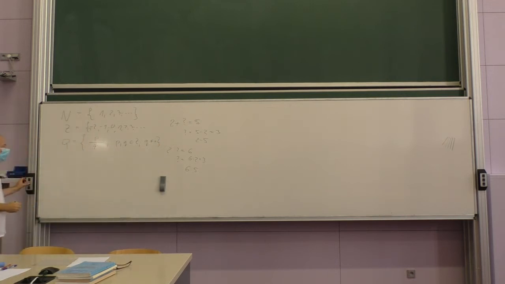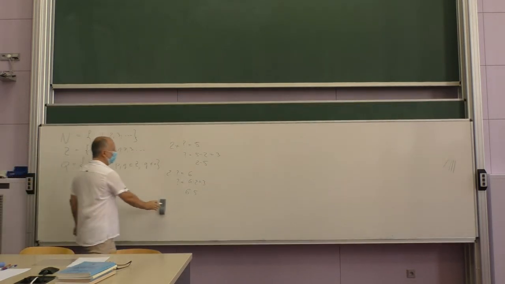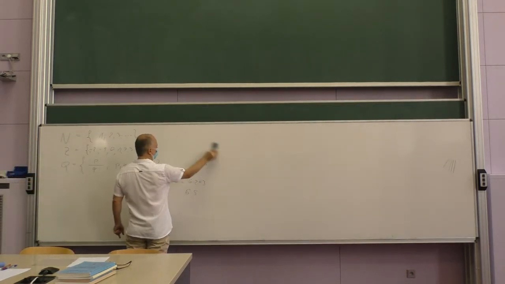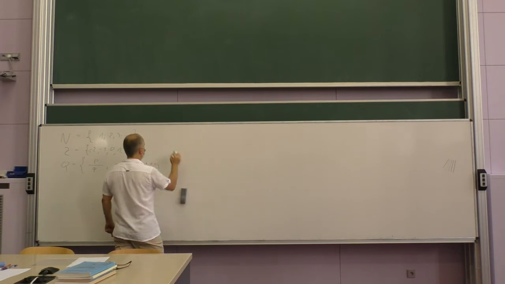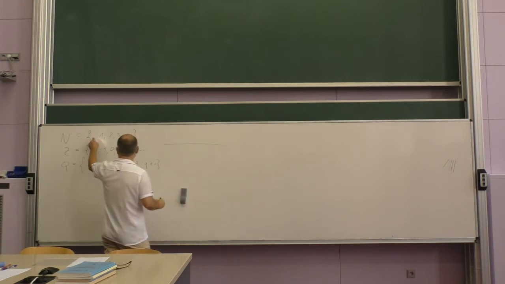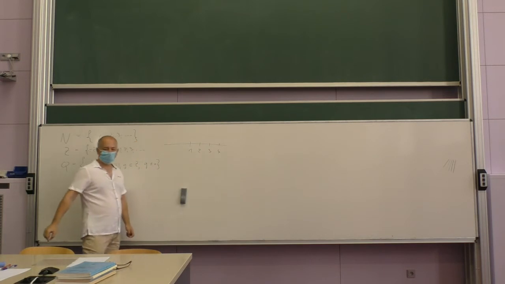If we visualize these sets, then we can use the real line or just line, and positive integers are numbers corresponding to these points.